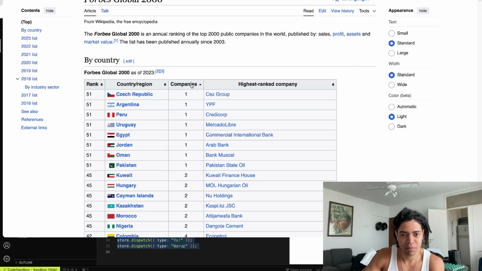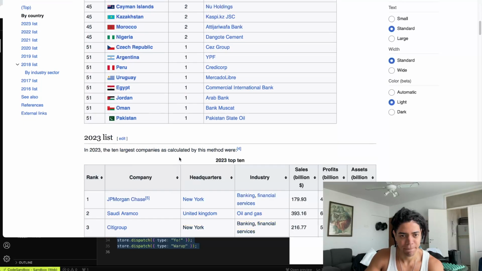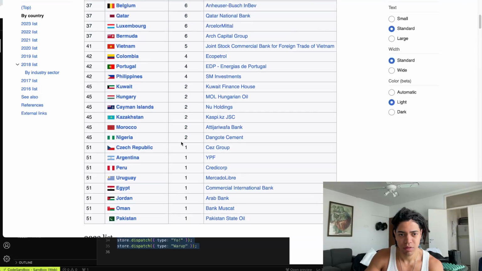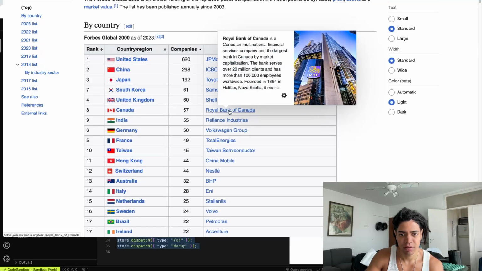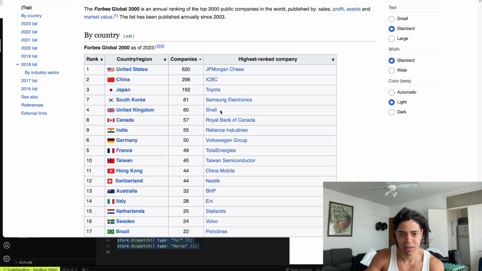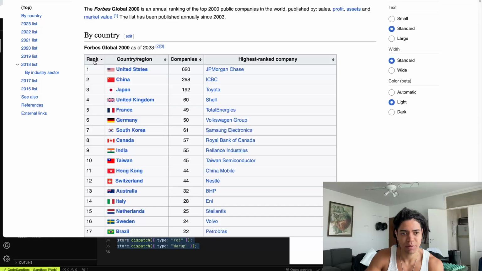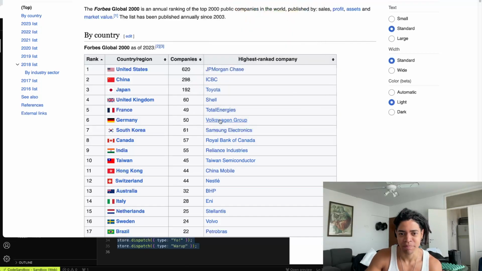What does it mean, the companies? Shell, Royal Bank, Total Energies, a French multinational energy and petroleum company.